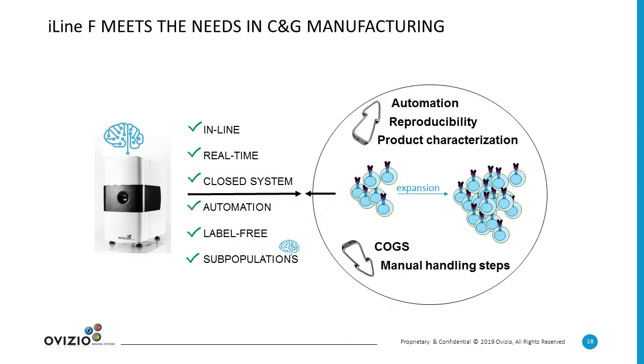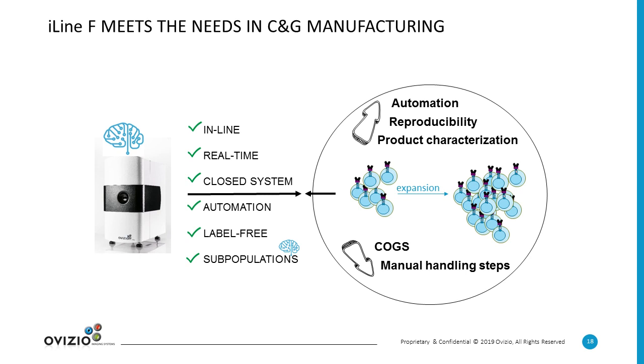So to conclude, I can only say that the Inline F meets the needs of cell and gene therapy manufacturing. It's an inline system in real time. It's a closed system. It's automated, so it's completely walk away. You start it when you do the inoculation, and you come back when you're ready to go to downstream processing. It's completely label-free. We just use the images that we take with the microscope.